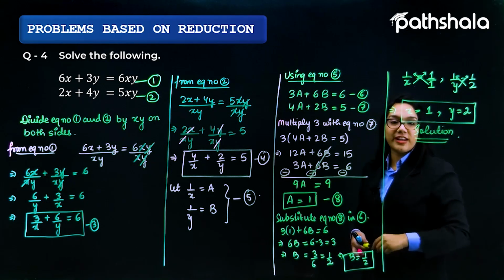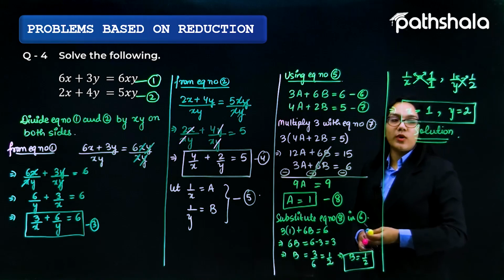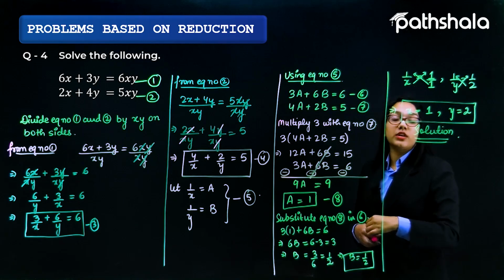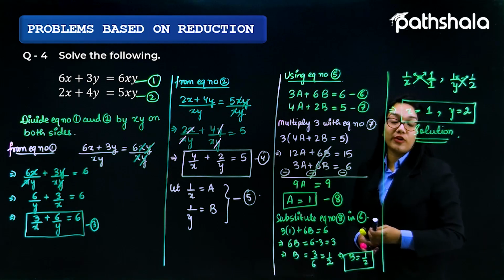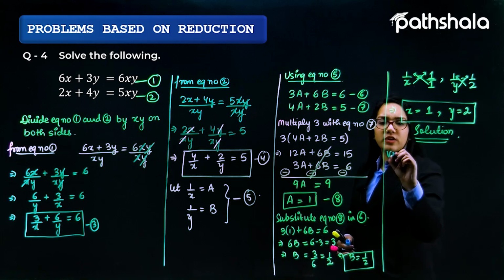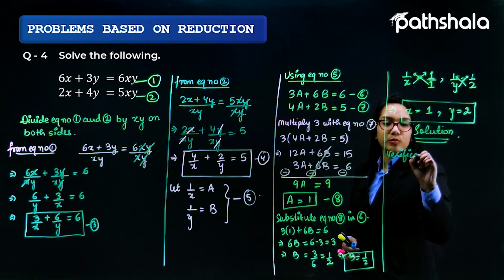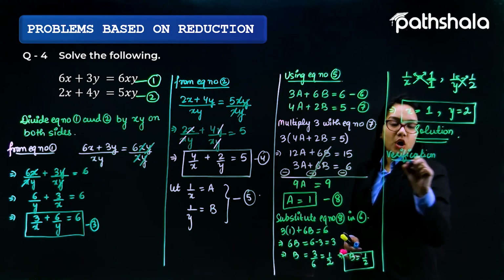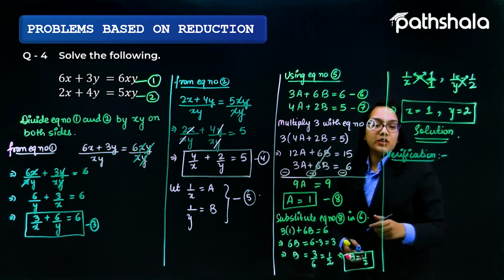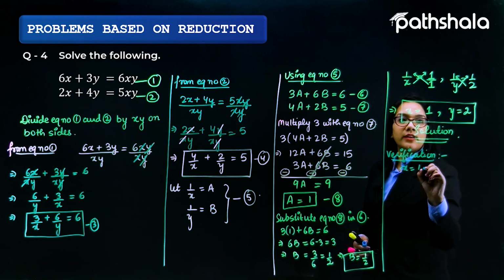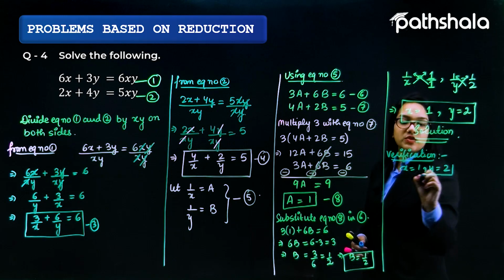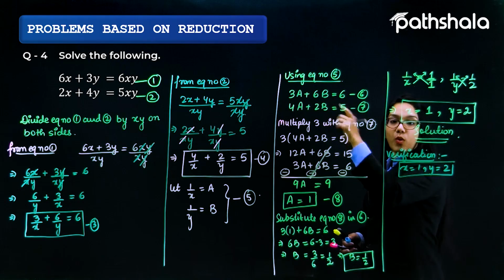Now we can also verify whether x is equal to 1, y is equal to 2 is the actual solution of this particular pair of equations or not. If we are talking about the verification of the solution, then both of these values will satisfy equations number 1 and 2.